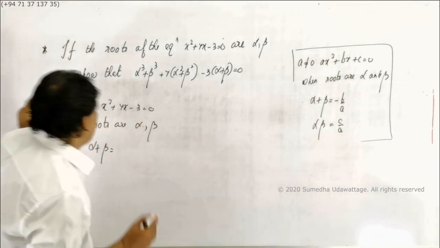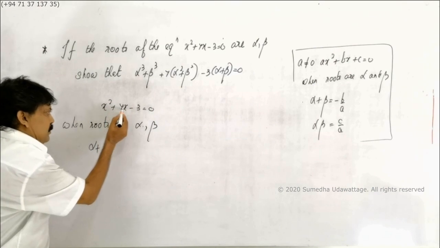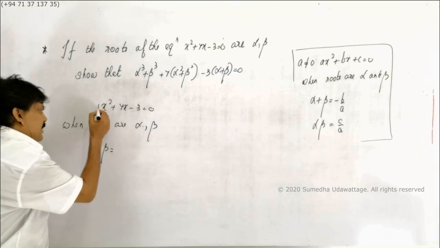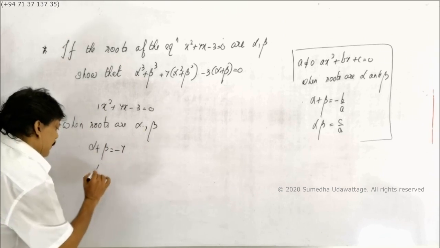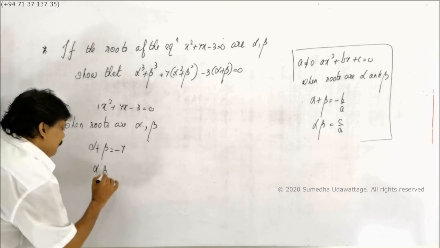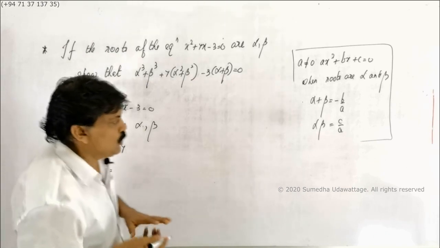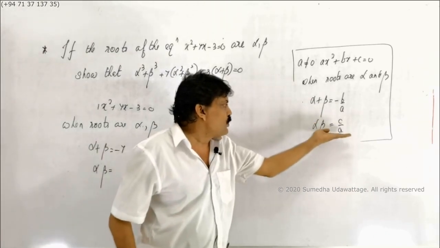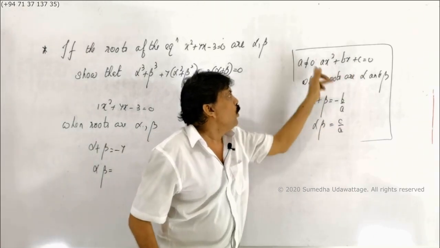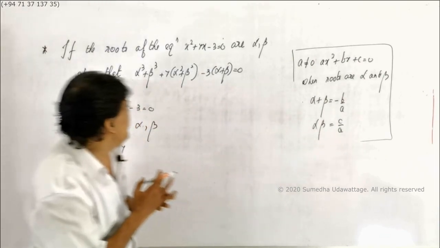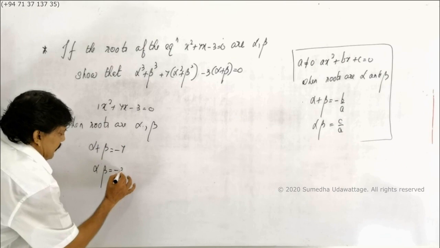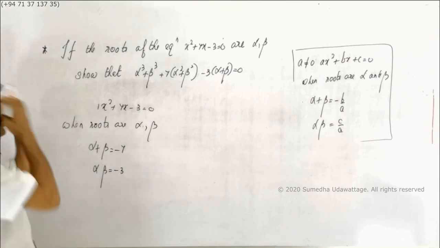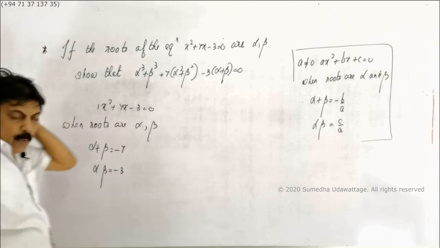Then alpha plus beta is equal to minus b over a, a is 1 here, so minus 7 over 1. Alpha beta is equal to c over a. Then here alpha beta would be minus 3 over 1.